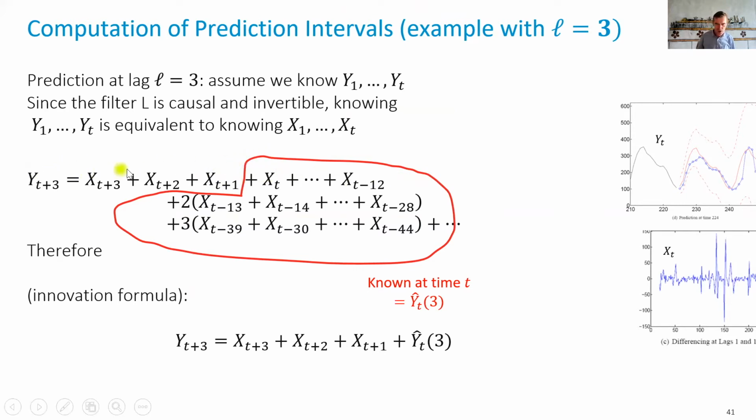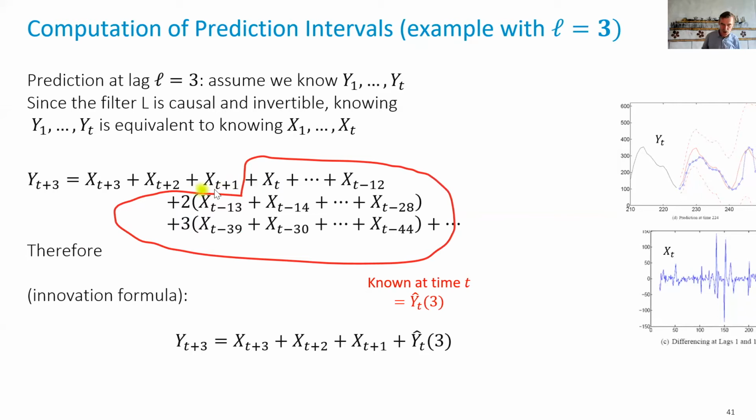If I rewrite this formula at time t for lag 3, so I write y of t plus 3, I write the formula at time t plus 3, and then I specialize all the elements of this formula that are valid at time t here. Now, I reason again like I said before: I want to compute the conditional expectation of y t plus 3 given all the past and present up to time t.